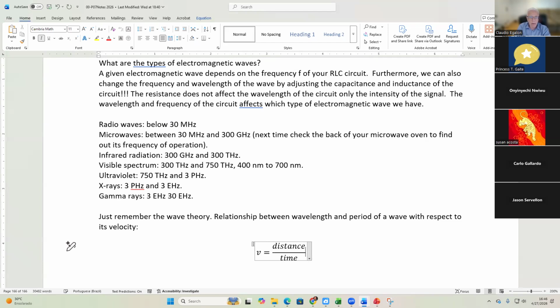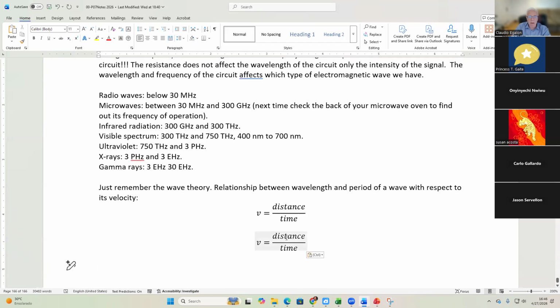What is distance and what is time of a wave? The distance of a wave is related to the wavelength of the wave. And in the case of time, we should use the period of the wave, T. So the speed is lambda over T.